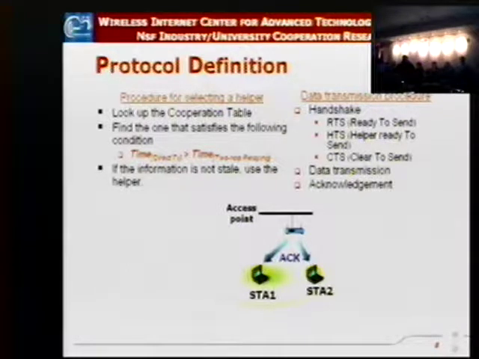How do you know the rate from station 1 to station 2? We receive the RTS, let's say, from station 2 to the access point, and then we go by the SNR.